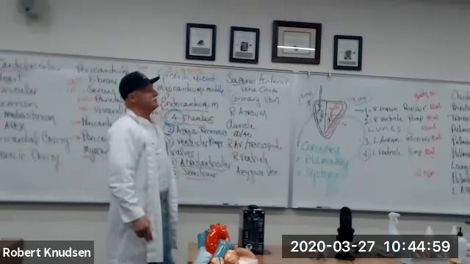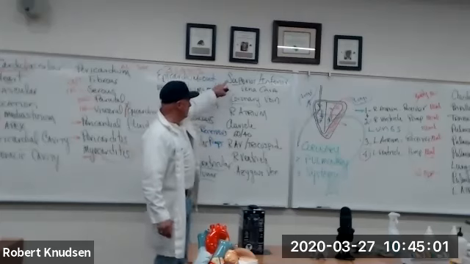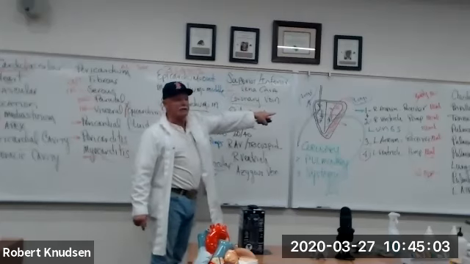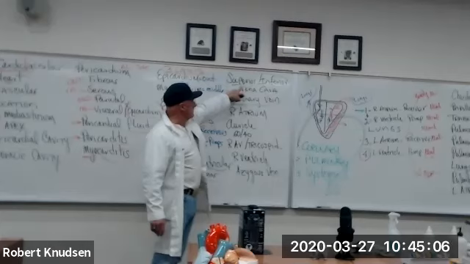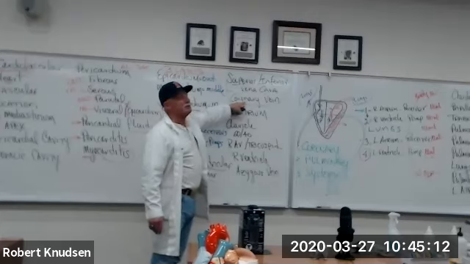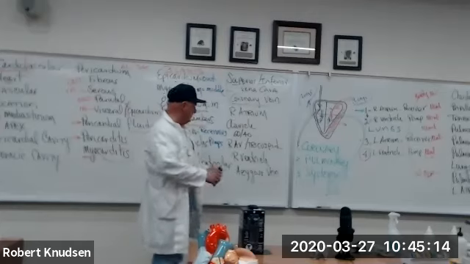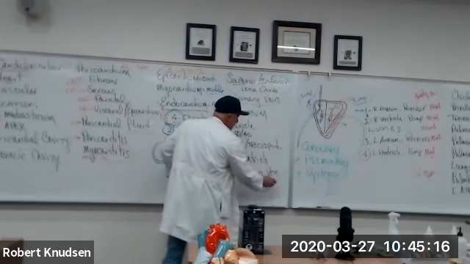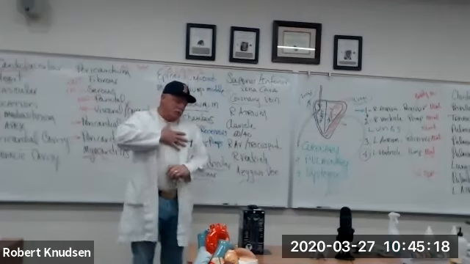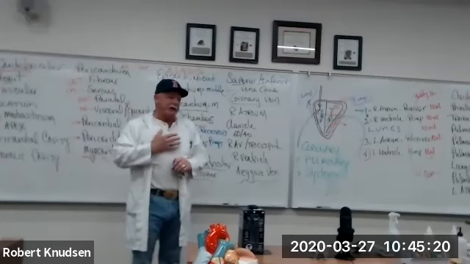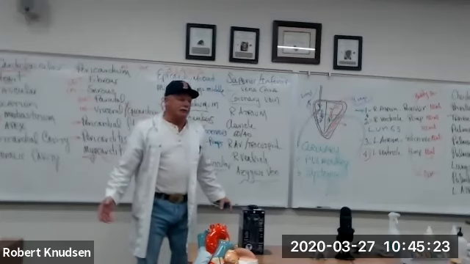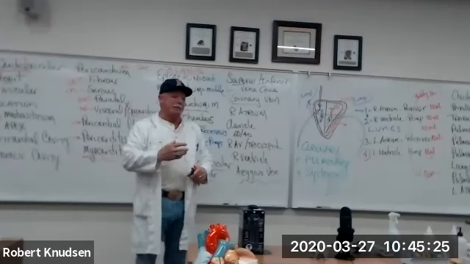Regardless of where those circuits are, all blood has to come back to the right atrium, and it comes back through the superior vena cava, inferior vena cava, and coronary vein. There's another one called the azygos vein. Since we have so much blood in the abdominal and thoracic cavity, the superior and inferior vena cava can't pick all that up.